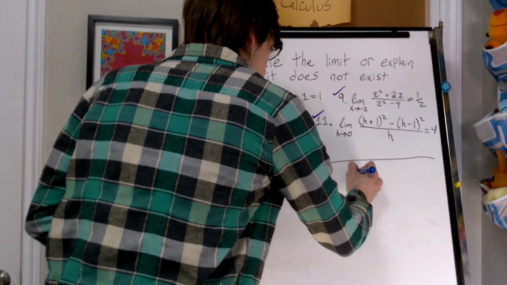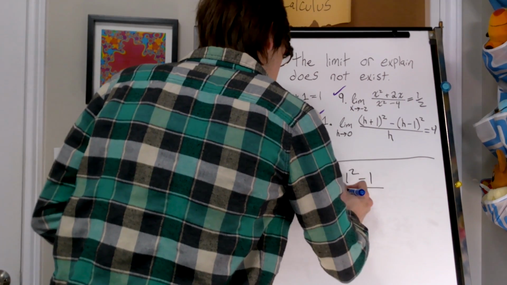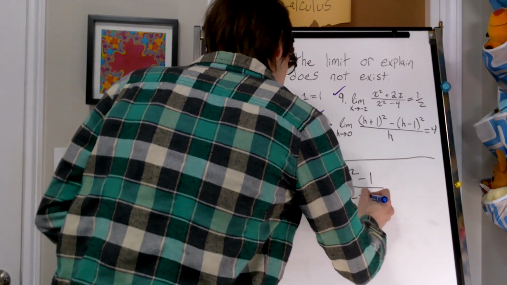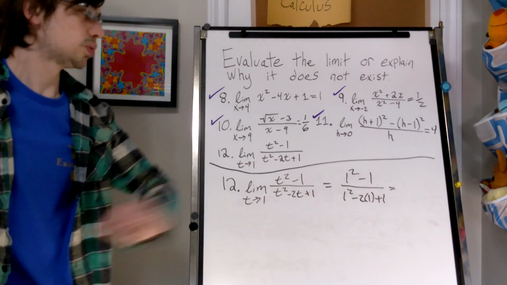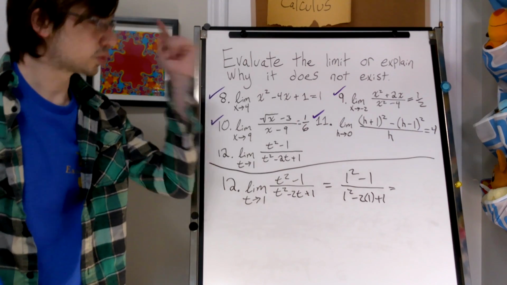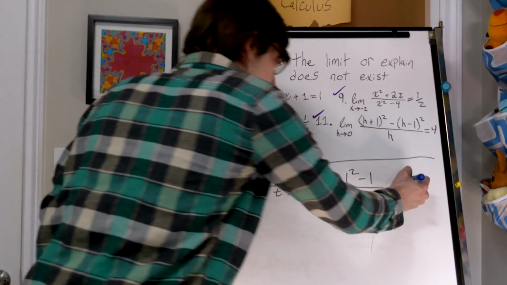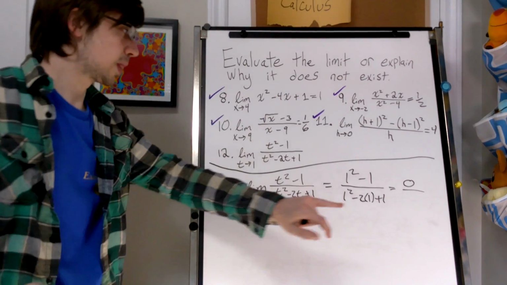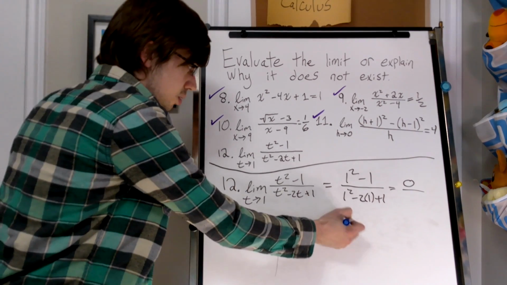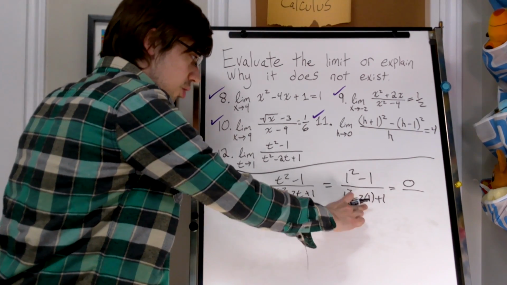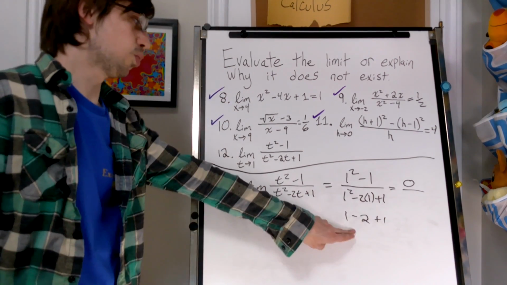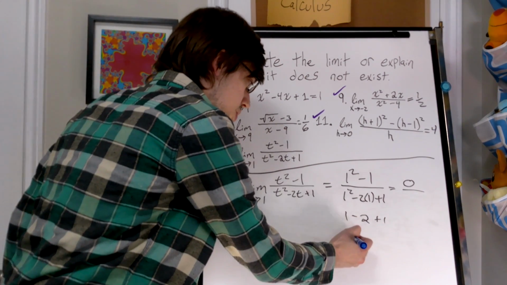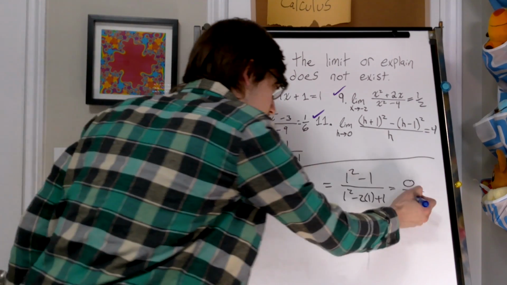So that's 1 squared minus 1, over 1 squared minus 2 times 1 plus 1. What is 1 squared? 1. 1 minus 1, 0. 1 squared is 1, minus 2 times 1 is 2, plus 1. 1 plus 1 is 2, minus 2 is 0.